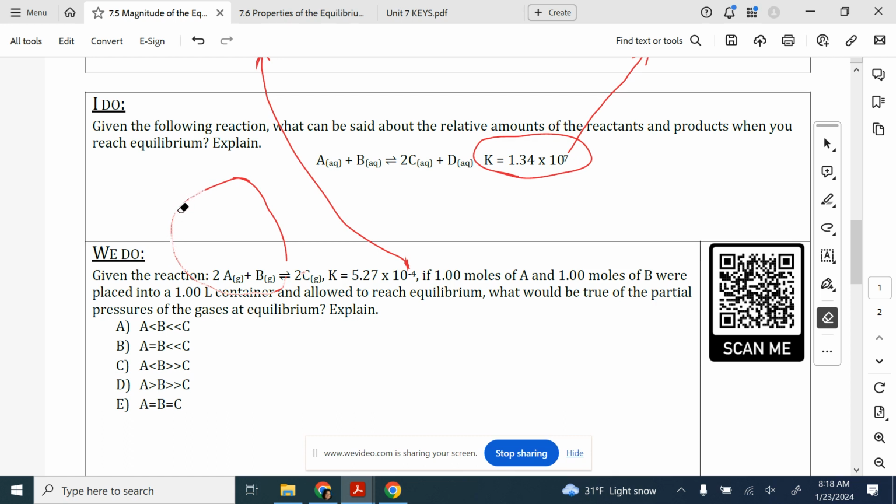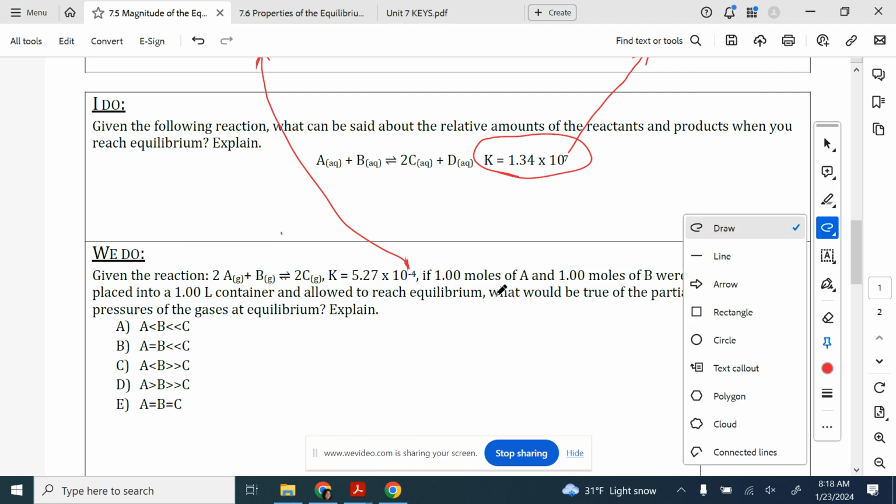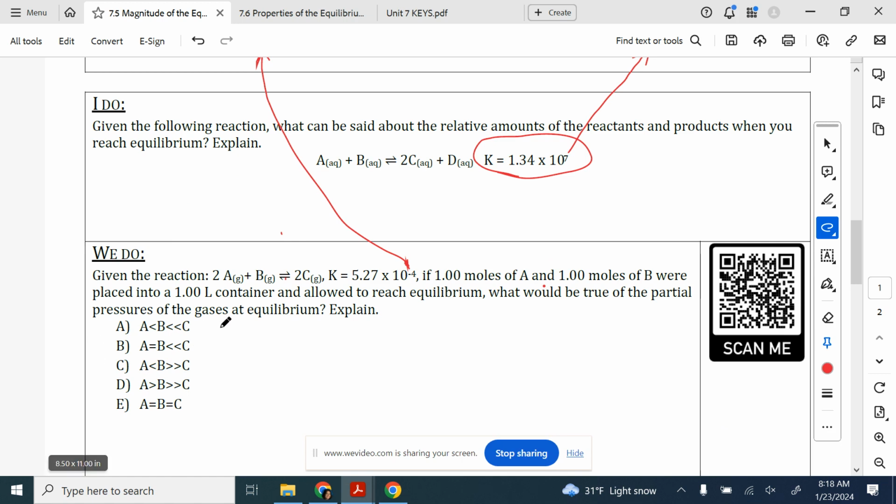So which one of these are we going to have the most of in that container once it reaches equilibrium? But some of A is getting used up, and it's getting used up twice as much as B. So you're going to have more B than you will have A, and you're going to have very little C made because K is small.